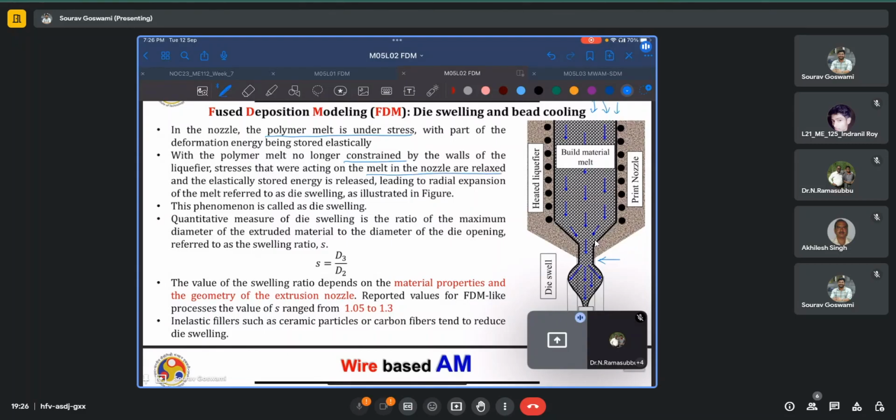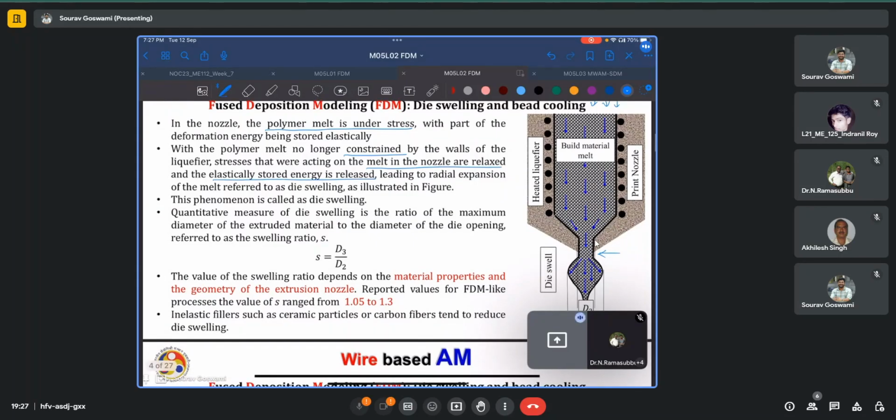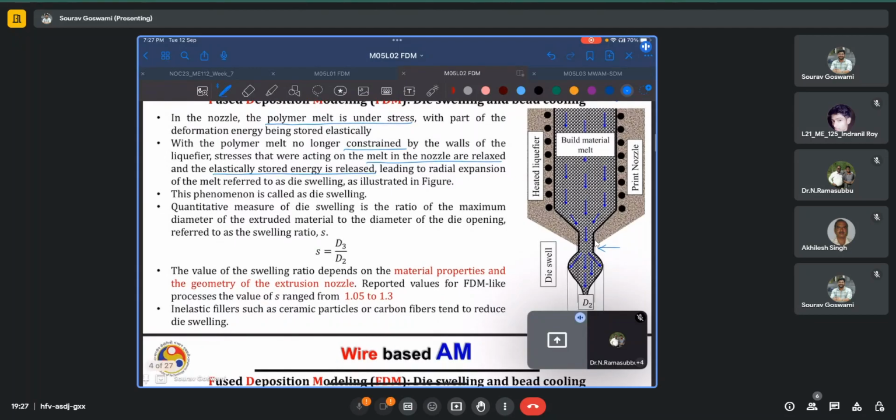This leads to a release of the elastically stored energy, and the size of the deposited bead, or the critical diameter of the deposited bead, increases beyond the nozzle diameter. So there is seen to be a swelling in this case.